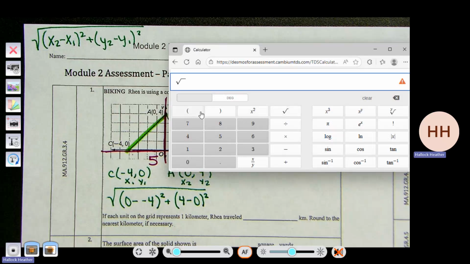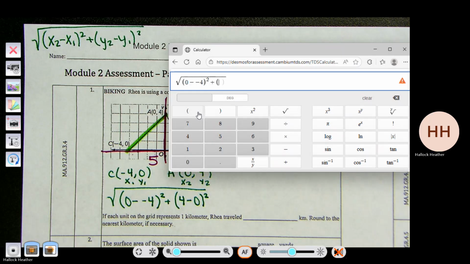square root, 0 minus -4, squared, plus 4 minus 0, squared.